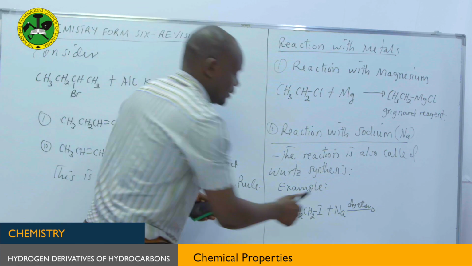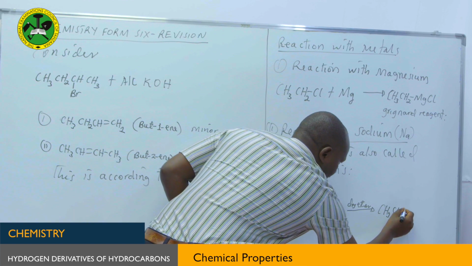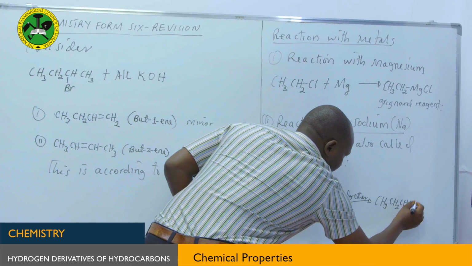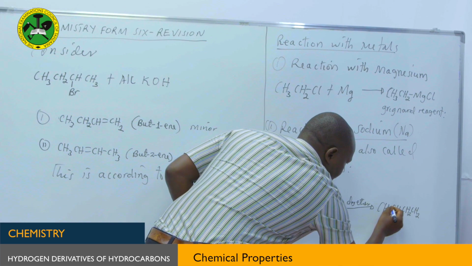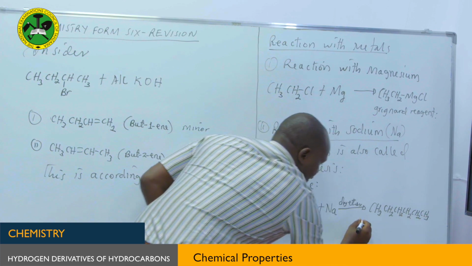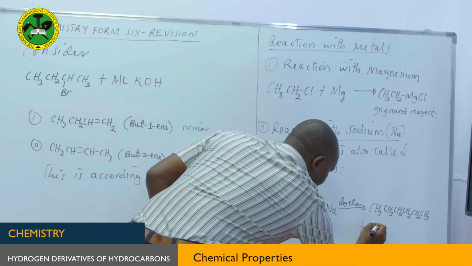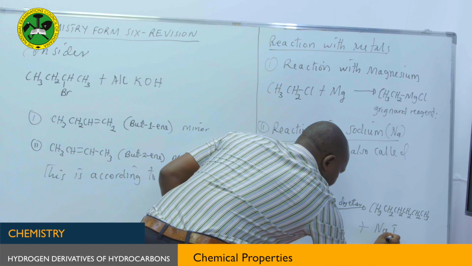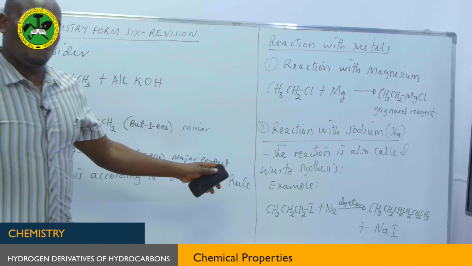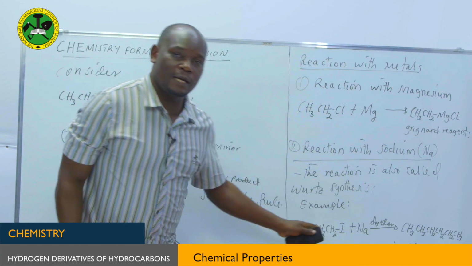That will be the alkane. And the other product will be sodium iodide. So that is the reaction of sodium with haloalkane in a condition of dry ether.